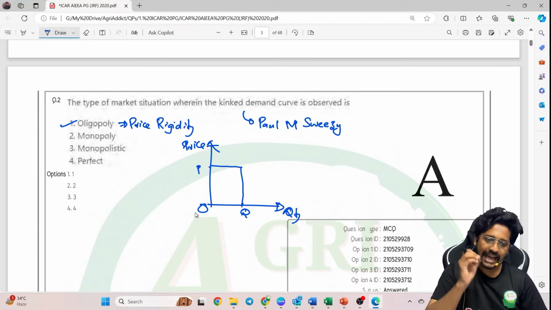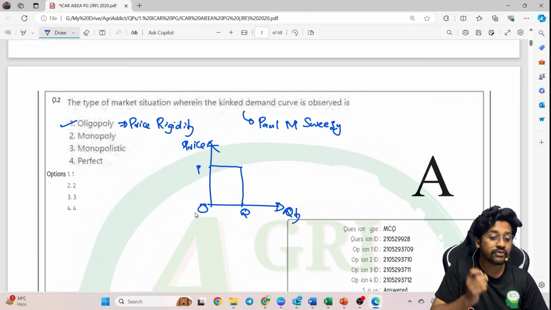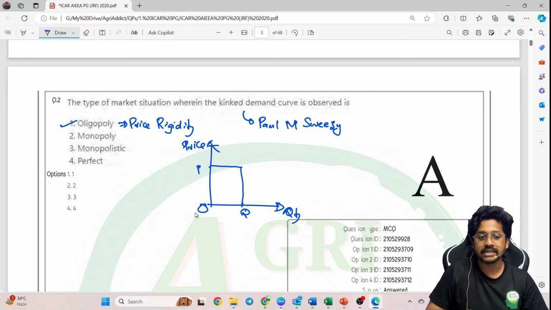Only for a little amount increase in the price, large loss of sale will be happening to that firm who have increased the price, right?